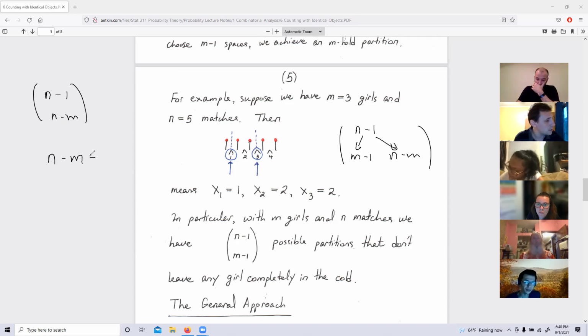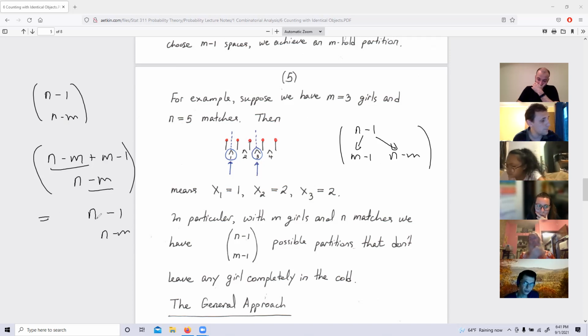So I have n minus m spaces plus m minus 1 spaces for the total number of spaces, and out of those spaces I need to pick spaces for the matches, n minus m of them, because those are the matches that I have to distribute. Minus m plus m is 0, so it's n minus 1, choose n minus m.